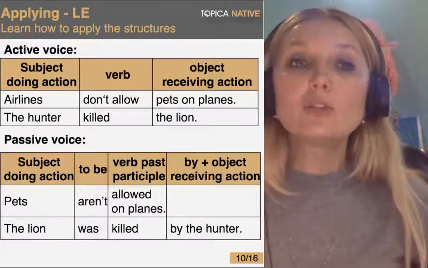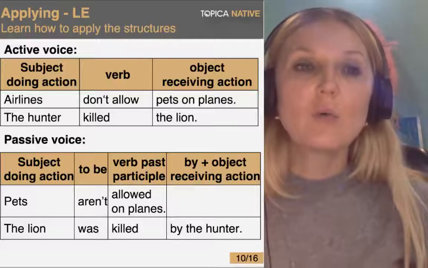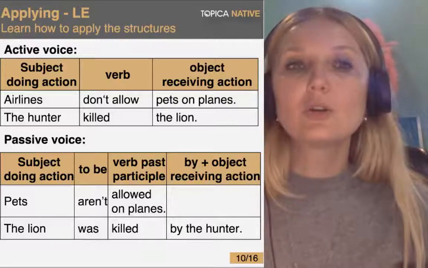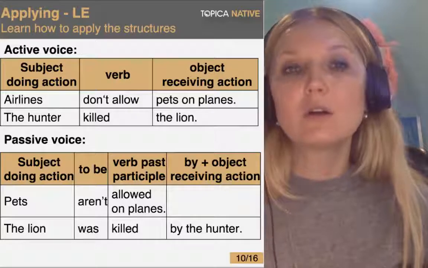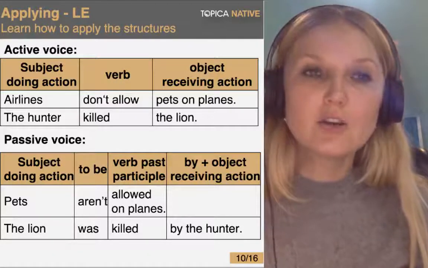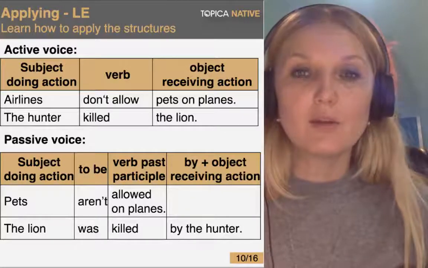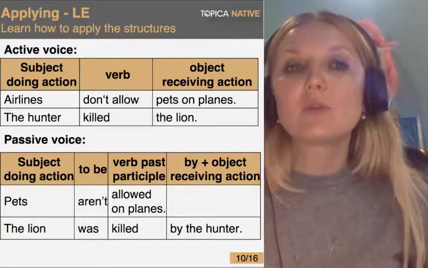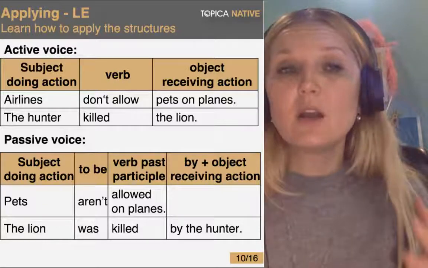So learn how to apply the structures. We have a subject doing an action. Airlines don't allow pets on planes, right? Then we have the hunter killed the lion. So again, these are active verbs.